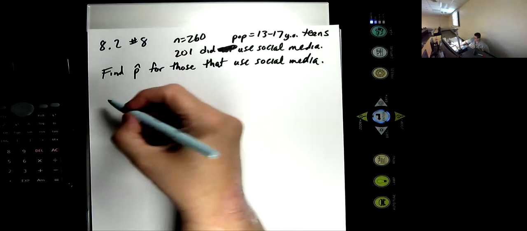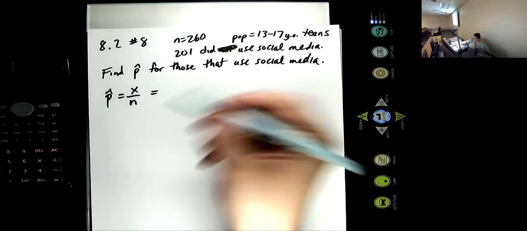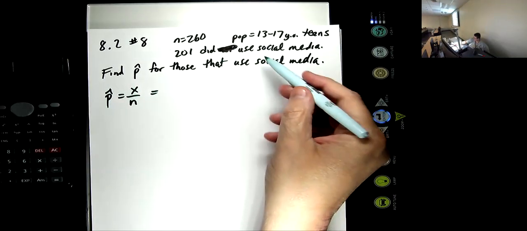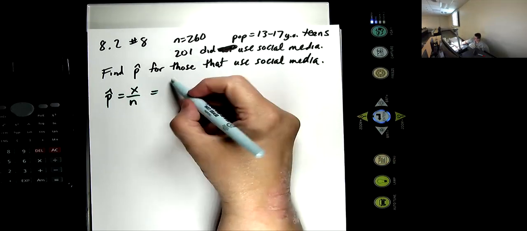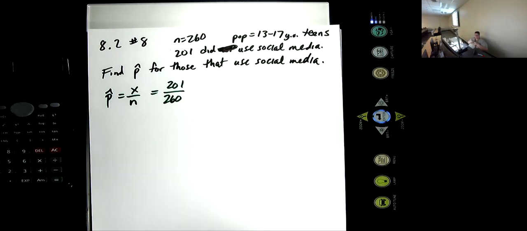So as a reminder, P hat is X over N. And X is the number of teens that did use it, 201, and N was the number of students asked, 260.